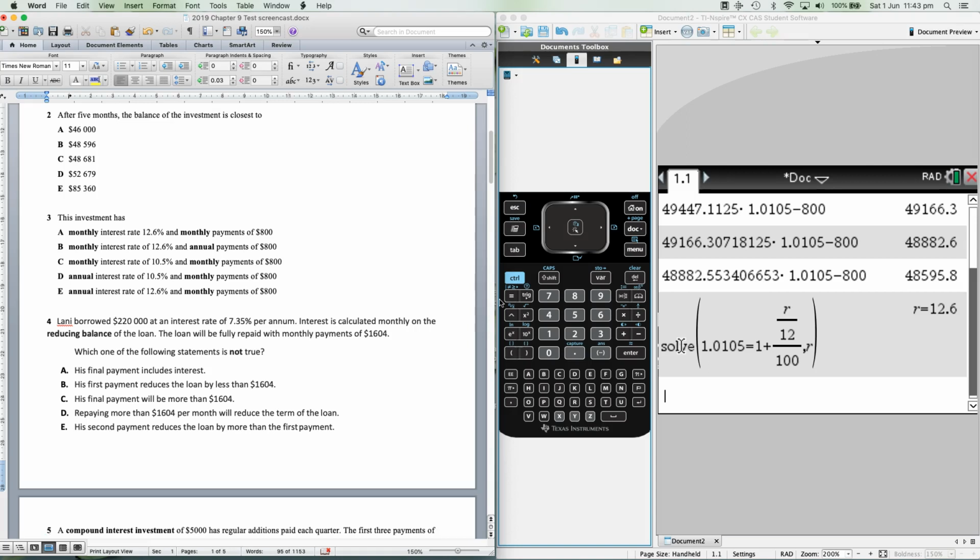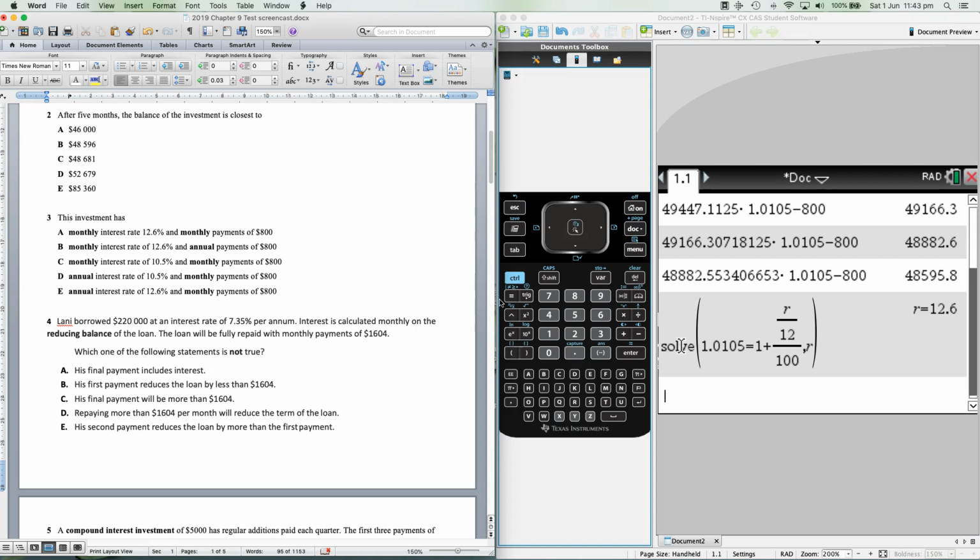And E, his second payment reduces the loan by more than the first payment. So E is also true. If we think about our amortization table and what happens every time we make a payment, some goes to paying the interest first, and the rest will go to reducing the loan.